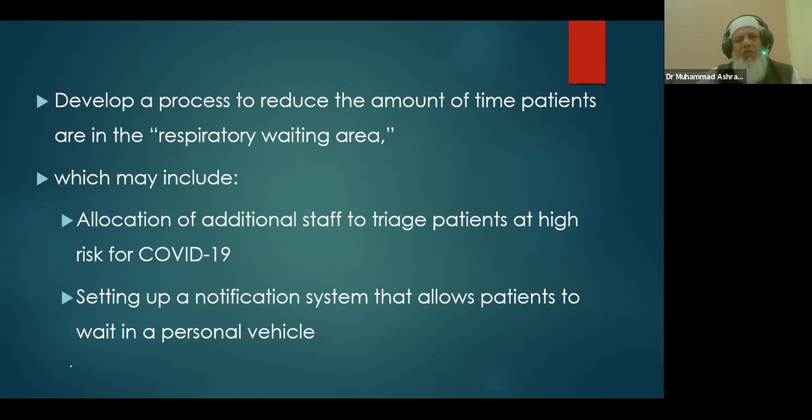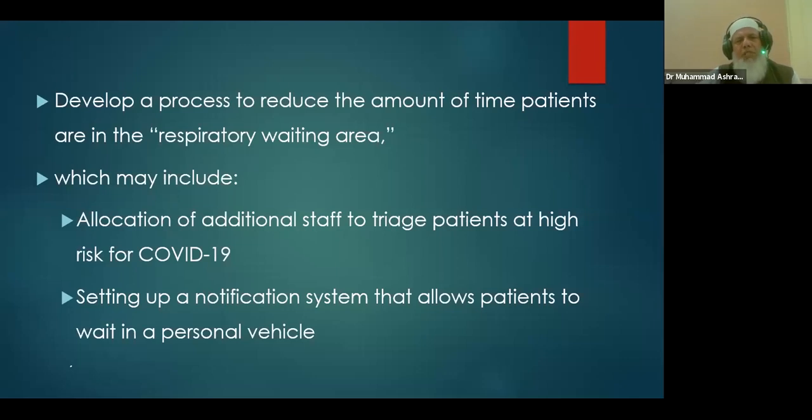Develop a process to reduce the amount of time patients spend in this respiratory area, because the more they stay there, the more chances that patients will get the infection, or if somebody is infected, they may transmit it.